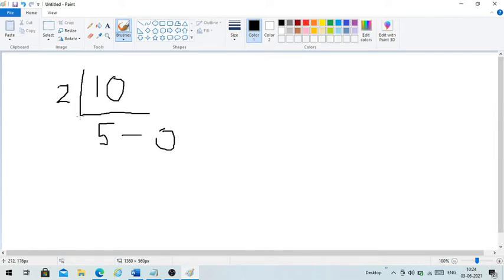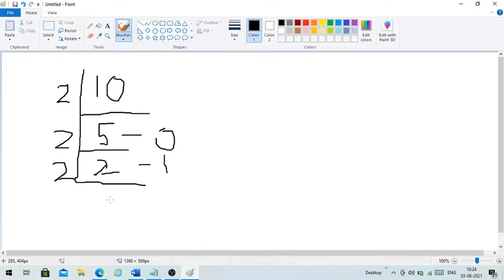Then 5 will be again divided by 2. So I will get 2, and the remainder will be 1. Again I will divide by 2.